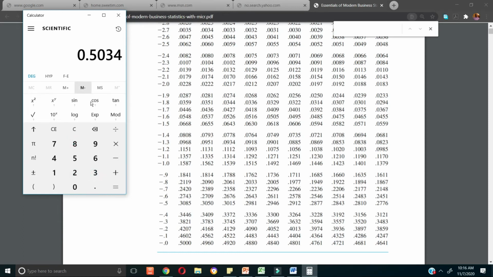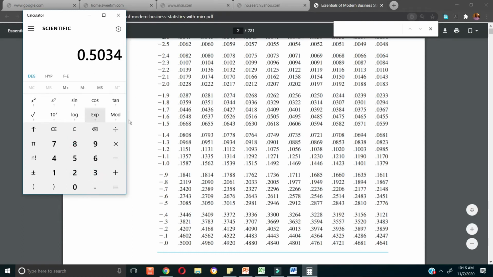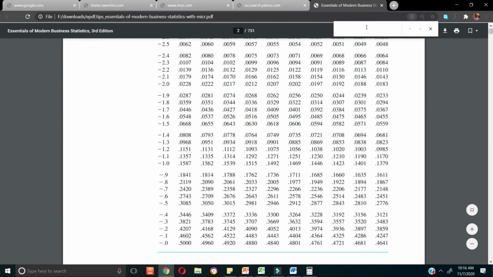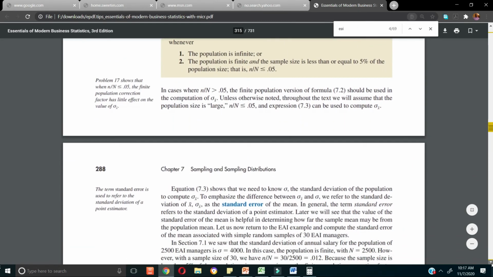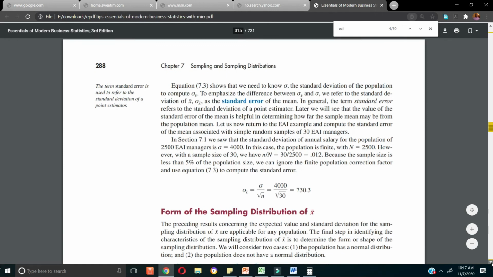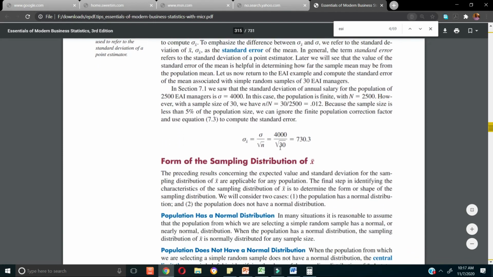So this gives us the probability that our value lies within 500 of the mean. Let me see if this tallies with the book. That's the value we got for the standard deviation of the sampling distribution.